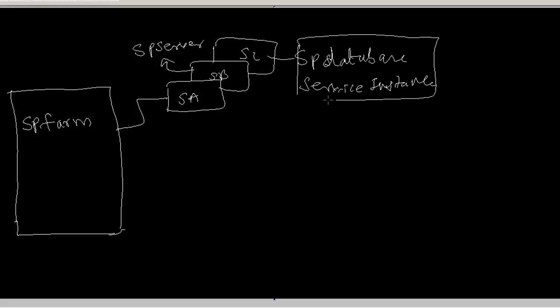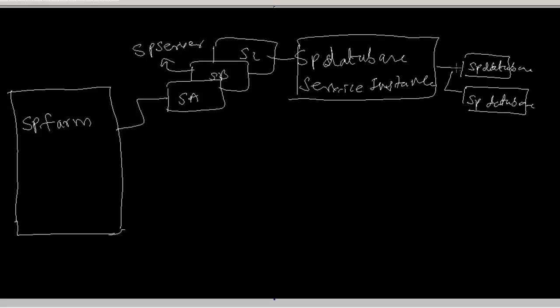Inside it are a lot of SP database objects, and each of these objects represents databases related to SharePoint. So a single server will have one SP database service instance object, and inside that you can have multiple databases, represented by the SP database.